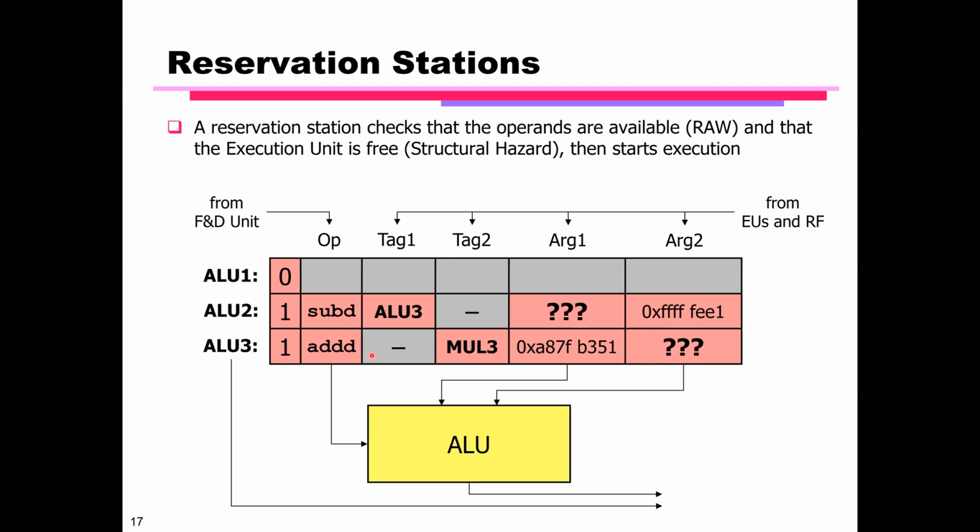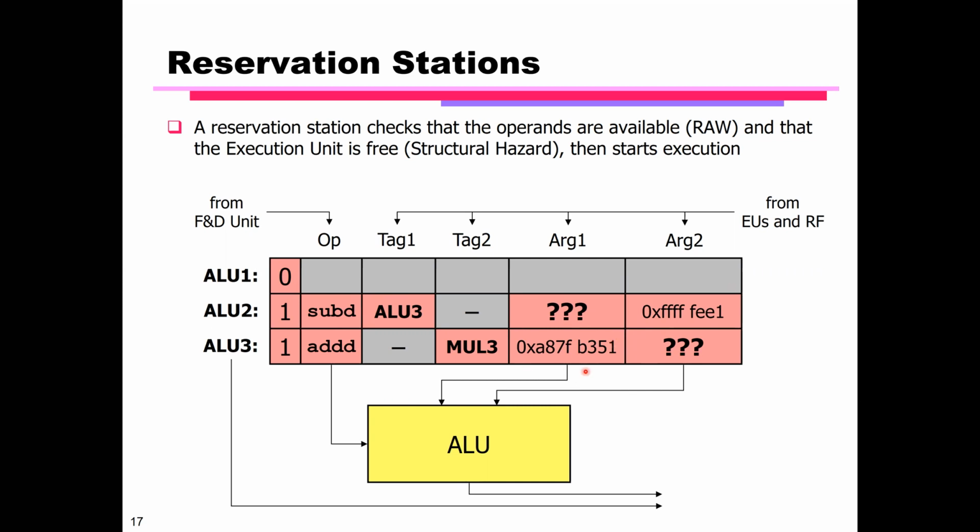So I have two columns in this data structure that are new compared to what we had before. Before, in this intermediate register between the decode and the execution phase, we would have only the operation code and the operands or arguments of this operation. Now we also have these tags, these labels, that are mutually exclusive to the content of the two operand columns.